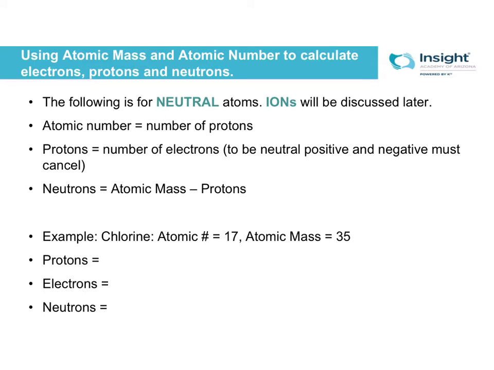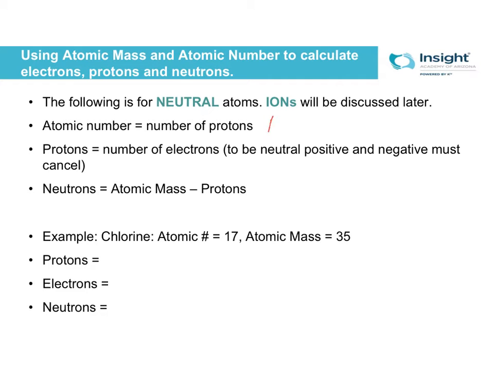Okay, so here's the basics of using your atomic mass and your atomic number to figure out electrons, protons, and neutrons. I just want to clarify right now that this is for just your standard base neutral normal atom. We're going to talk about ions and isotopes later and how this changes ever so slightly. But like we just talked about in the last slide, atomic number is number of protons.